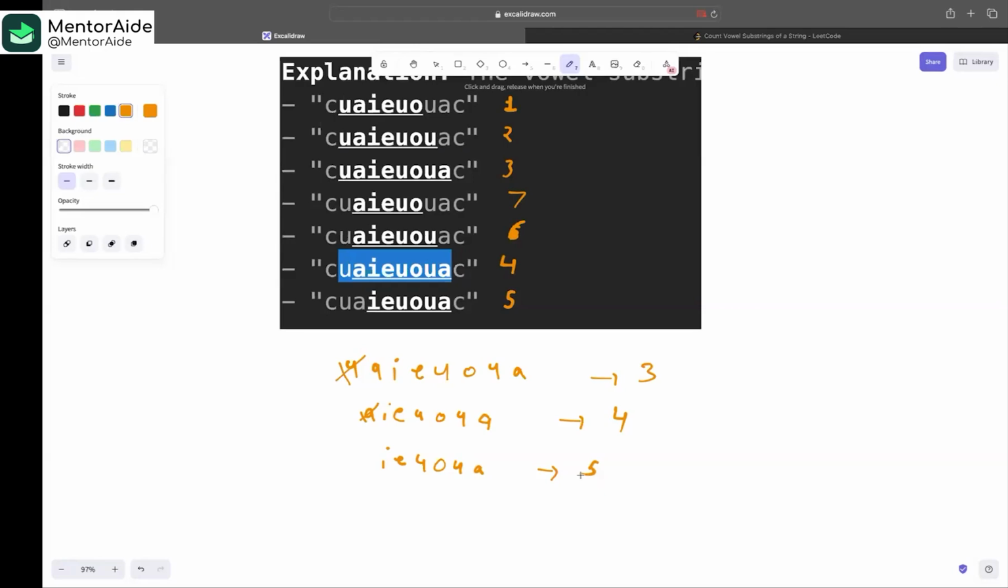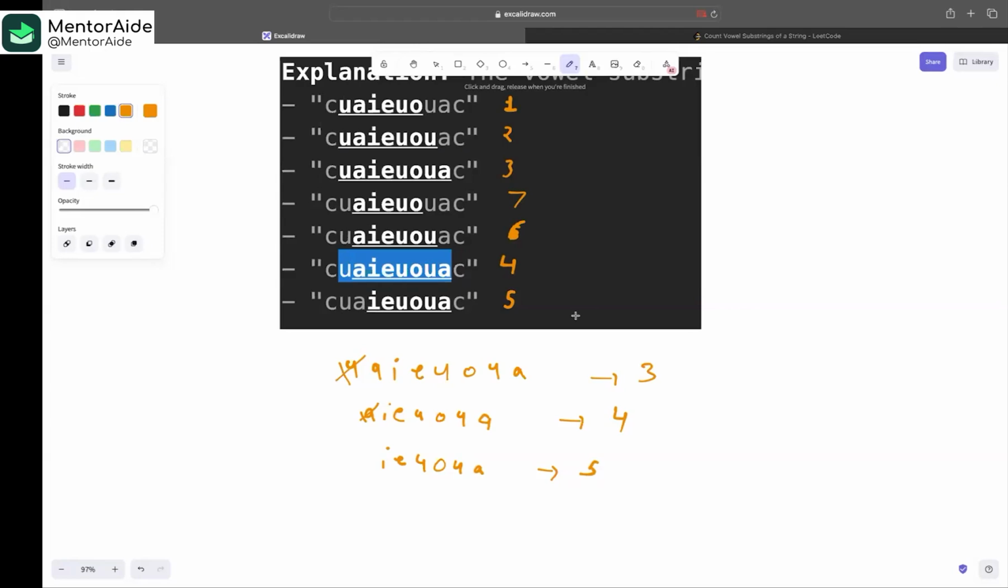The third last contains A as well. So we can't move that way. We can't reach from 5 to 6, but can we reach from 4 to 6? Yes, shrinking from the end.